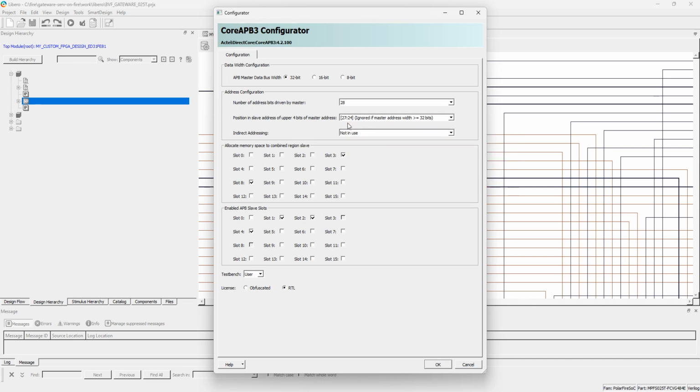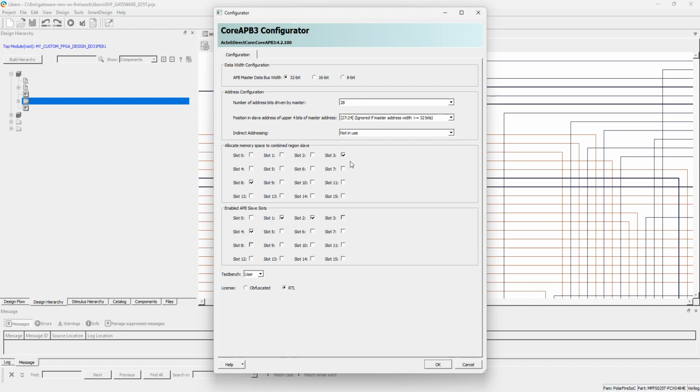So those 4 bits range from 0 to 15, or 0 to F hex. And so these are these slots right here, and you get to select which slots you want to have active, so which ones you actually want to have an interface going out of. And in this case, we were using slots 1, slot 8, and slot 3.